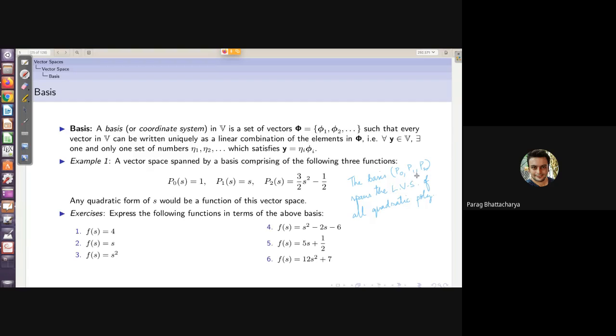The basis P0, P1 and P2 spans the linear vector space of all quadratic polynomials. Is this clear? Is this clear to everyone?